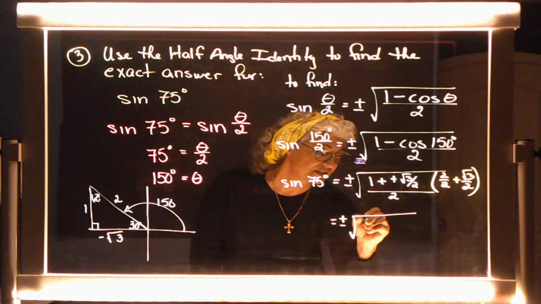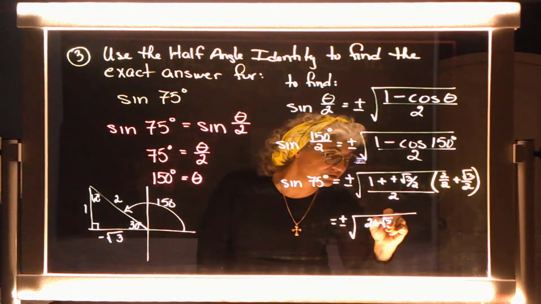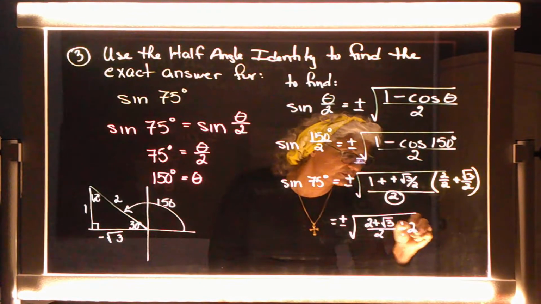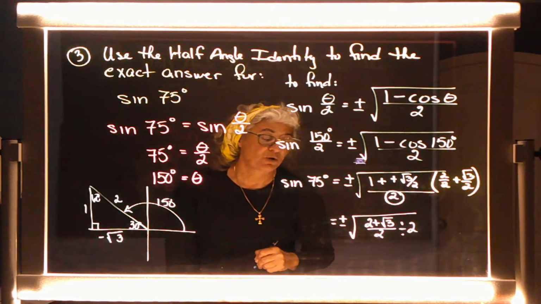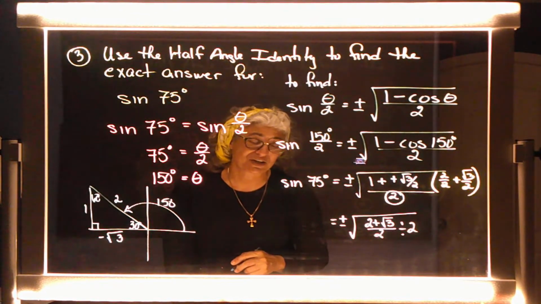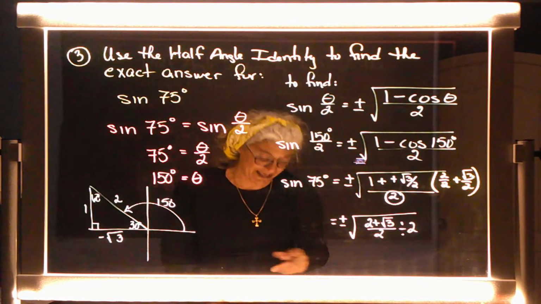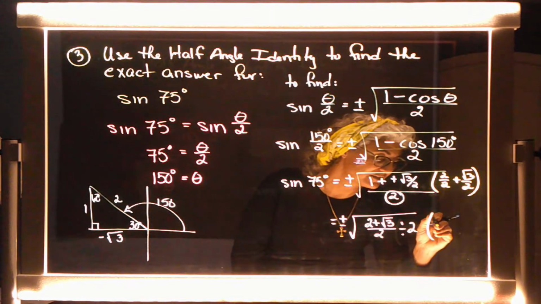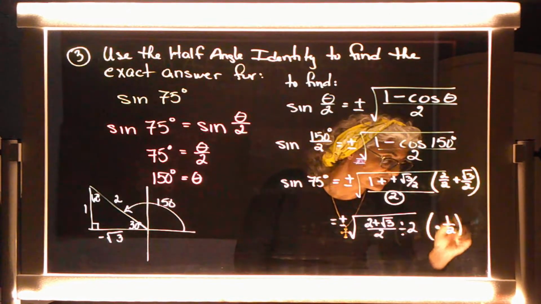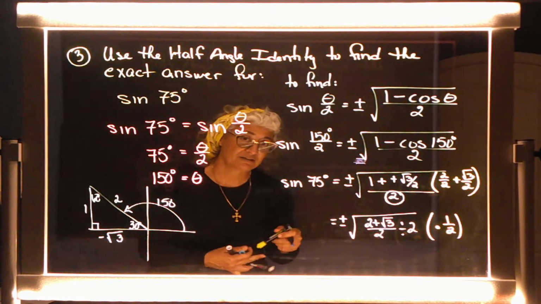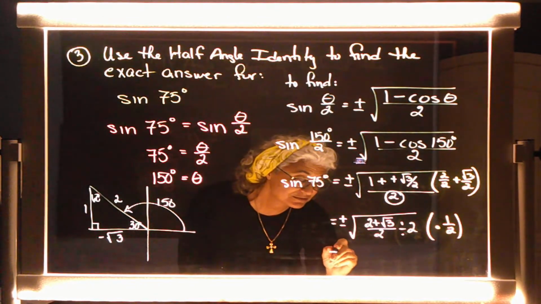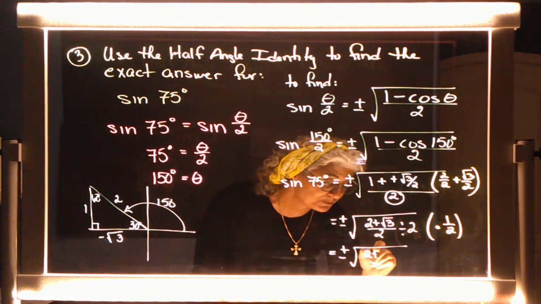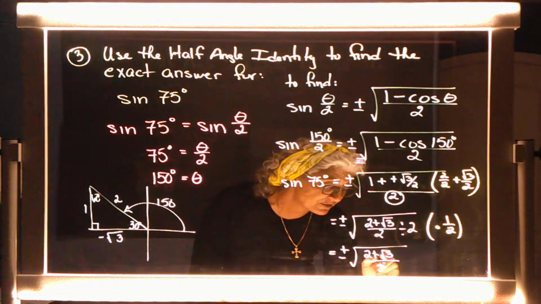Okay, which means I would get 2 plus square root of 3 over 2, and we're still dividing by this 2, aren't we? Well, when we divide by that 2, that means you're actually doing what? Yeah, dividing by 2 actually means you're multiplying by 1/2. Agreed? So this looks like plus or minus the square root of 2 plus square root of 3 over 4.